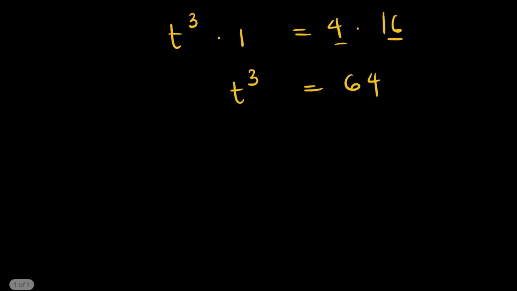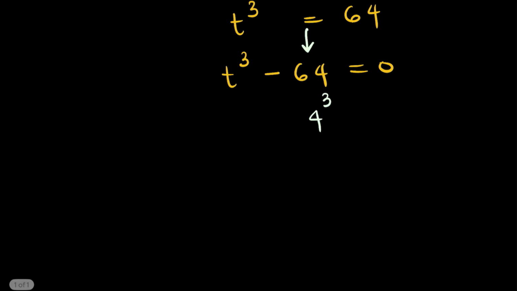And then if we bring 64 to the left hand side, we have t raised to power 3 minus 64 is equal to 0. 64 here we can also express as 4 raised to power 3, and express our equation as t raised to power 3 minus 4 raised to power 3 is equal to 0.